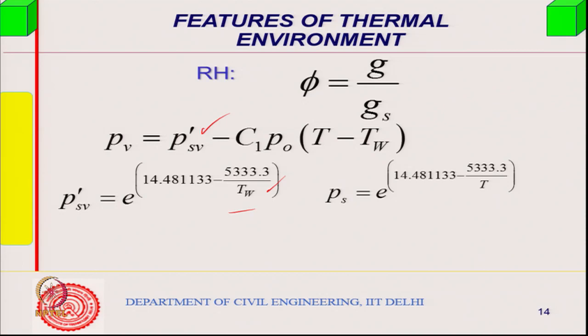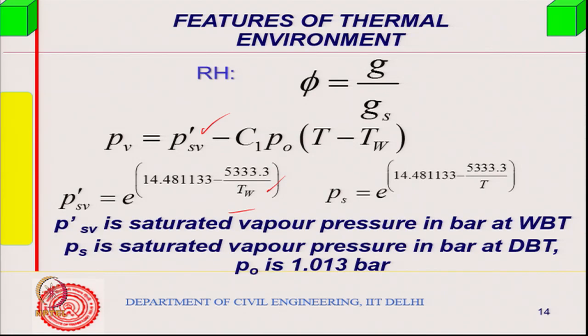Then the saturated pressure, because we would need to calculate GS also. When we want to calculate the saturated pressure, PS, it is given by this formula. PS is the saturated vapor pressure corresponding to WBT, and PS is the saturated vapor pressure at the dry bulb temperature.